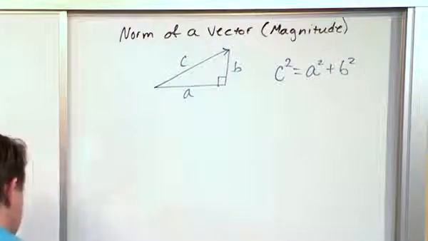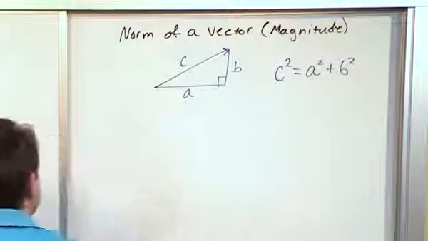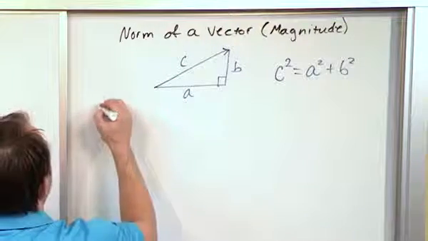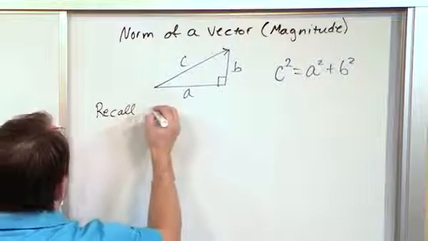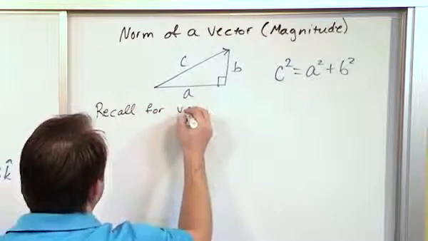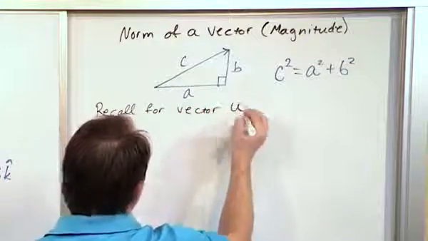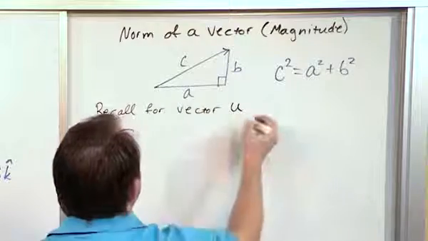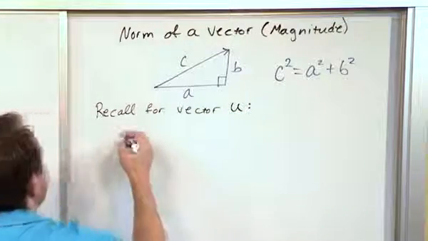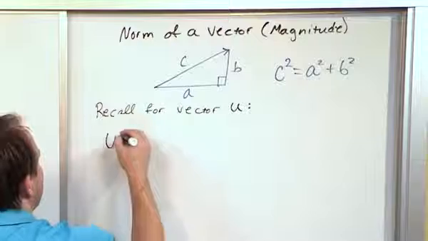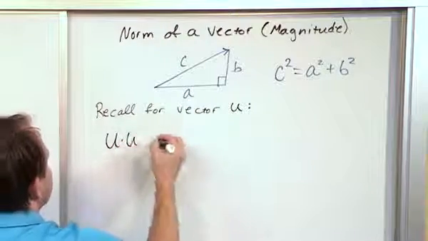All right. Now, also, I want you to recall for a vector u the following thing. We talked about the dot product a little while ago, u dot u. Remember we talked about that.